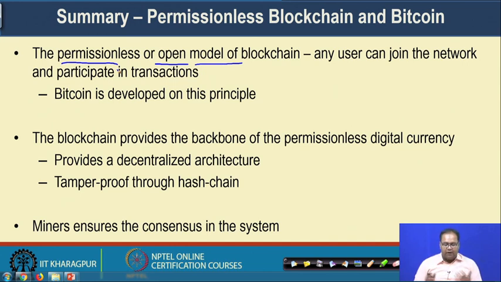So, the blockchain provides a backbone of the permissionless digital currency by providing a decentralized architecture which is tamper proof with the help of hash chain based technology, and then the mining procedure in a permissionless blockchain ensures consensus in the system. So, that is the broad idea of this permissionless blockchain architecture.